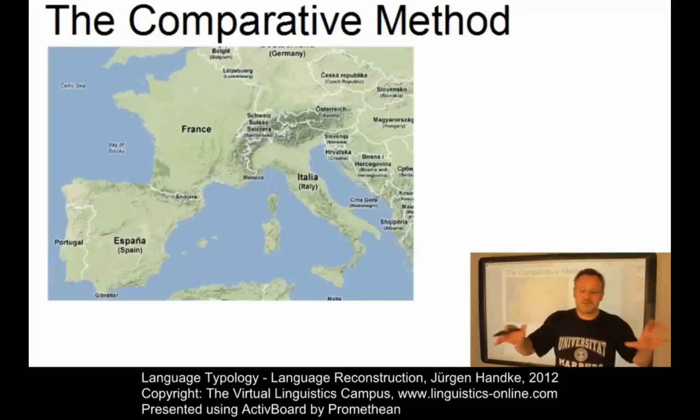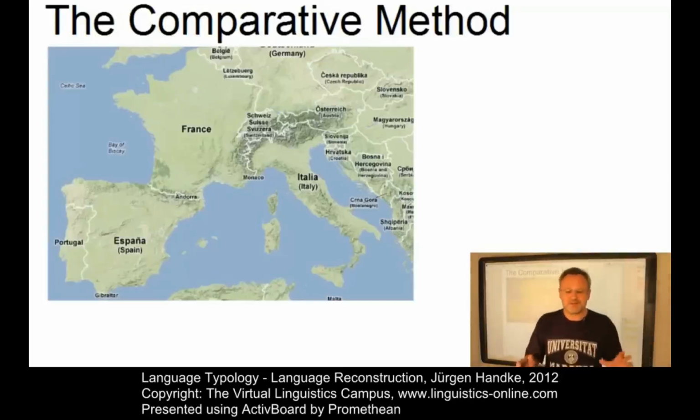Now, the comparative method is a way of systematically comparing a series of languages in order to show a historical relationship between them. Scholars begin by identifying a set of formal similarities and differences between the languages, thus trying to reconstruct an earlier stage from which all forms could have derived.